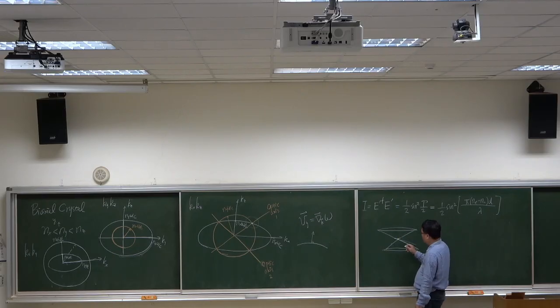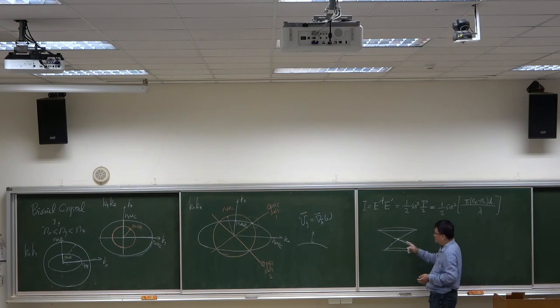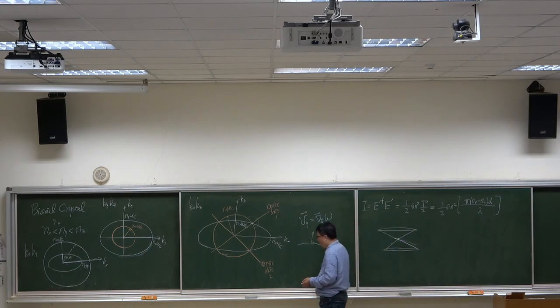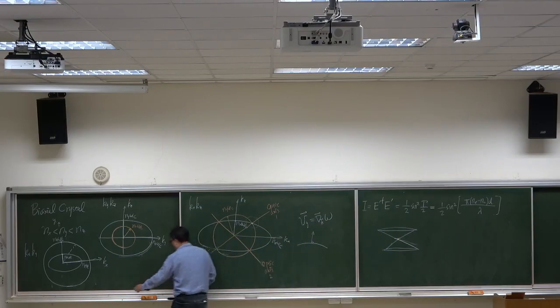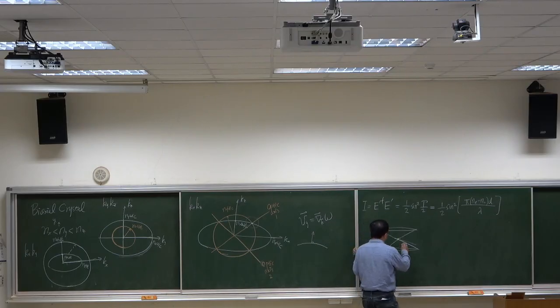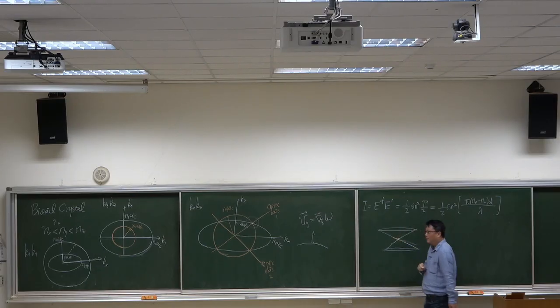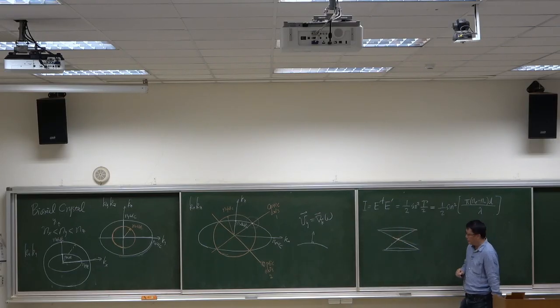So when we send a beam of light and its central K vector is very close to this point, we in fact consider a region very close to this point.